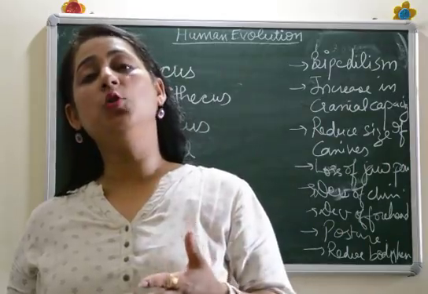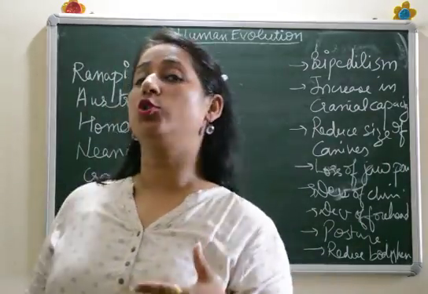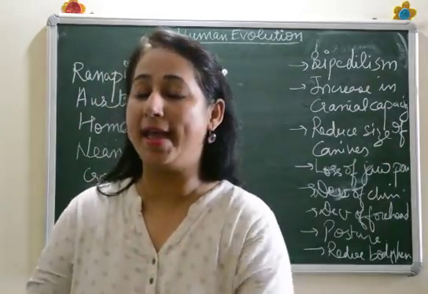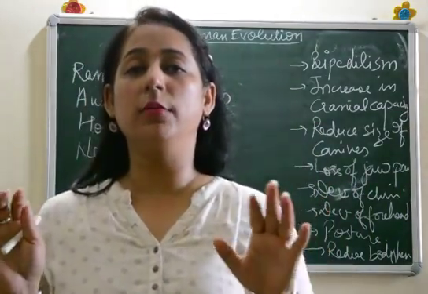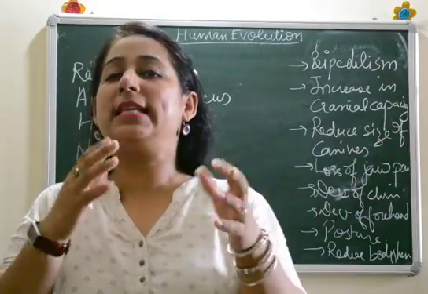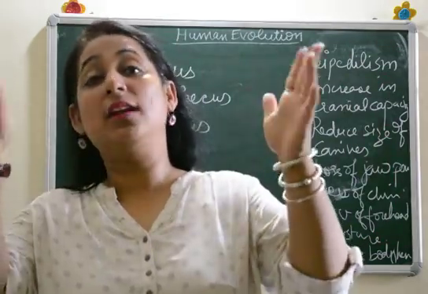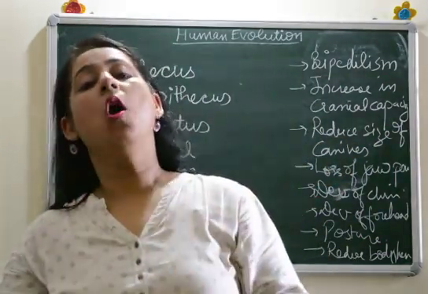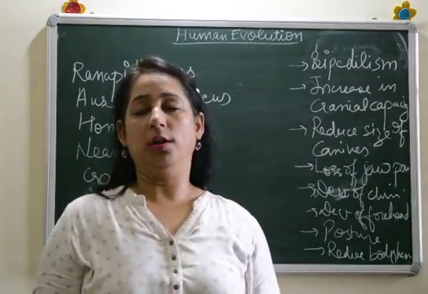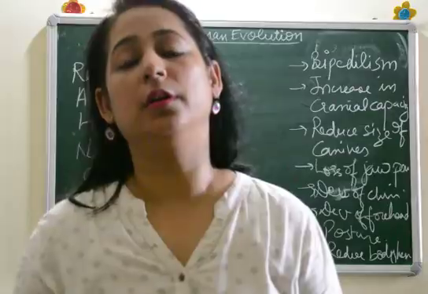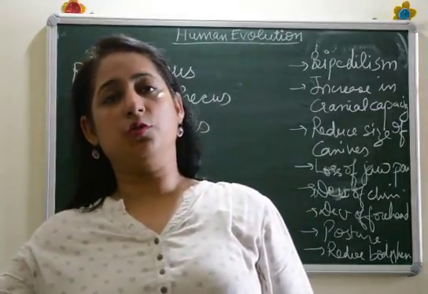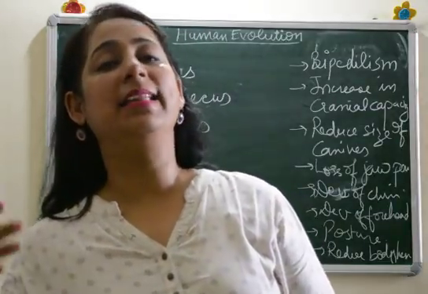Now, starting with the human evolution, or the evolution of the modern day man. First of all, we all know that we have evolved from apes, but it's suggested that there were ancestors of apes, or ape-like organisms, from whom we have evolved. Now, how did we study the course of evolution, how the modern man evolved?